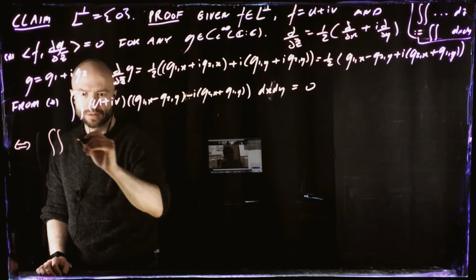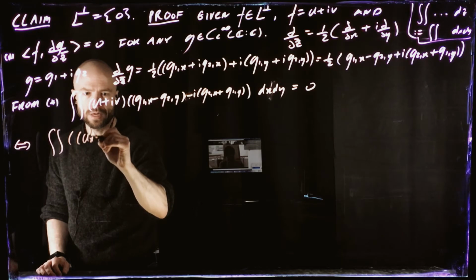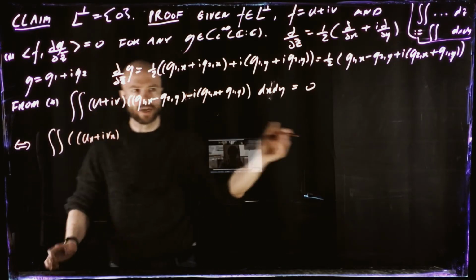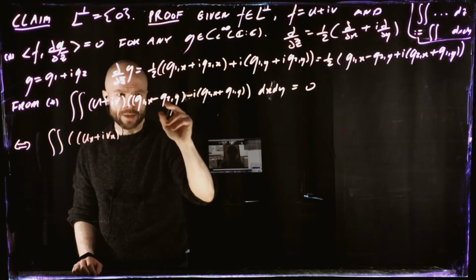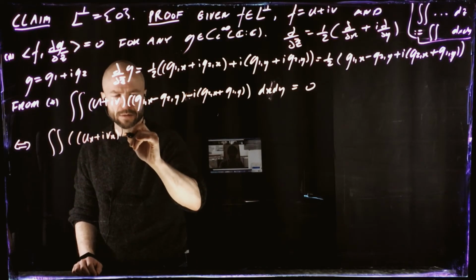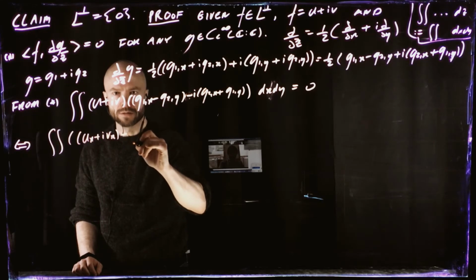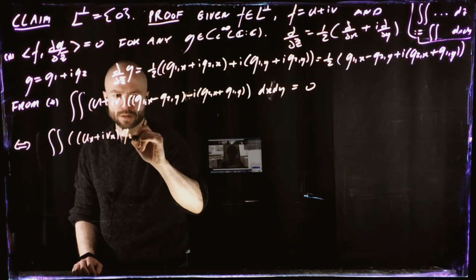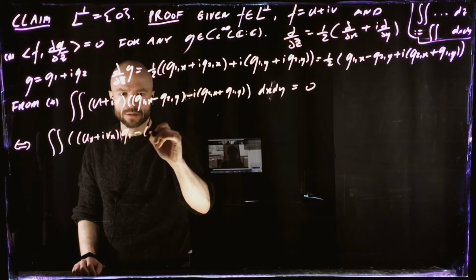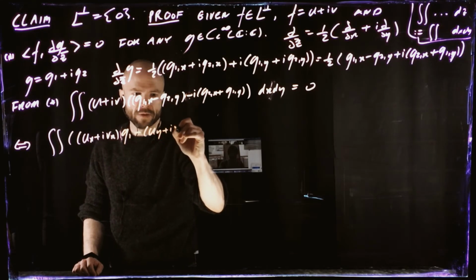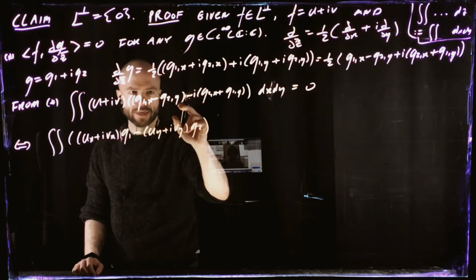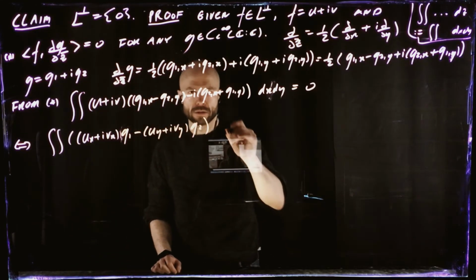double integral. We're going to have ux plus ivx, putting the x on the other side. I'm going to forget about the minus sign because everything's equal to 0. And then when I put the y on the other side, this will become minus times g1. And then we're going to have minus u of y plus I v of y, and now g2, putting that thing on the other side.